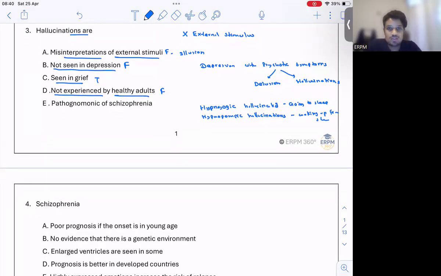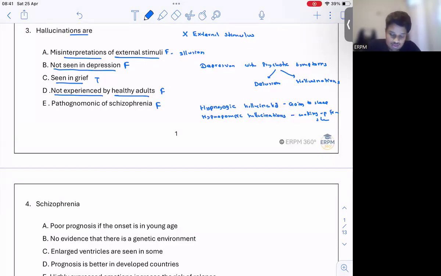Pathognomonic of schizophrenia. That is false. To diagnose schizophrenia, there are separate diagnostic criteria with multiple components. Remember the first four components: even if one of them is there, you can diagnose schizophrenia.